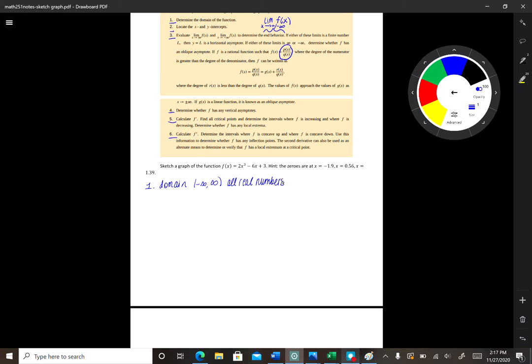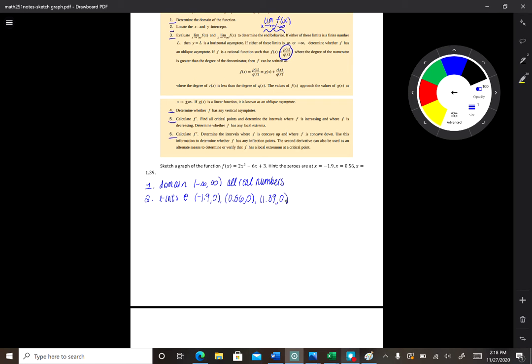Step number 2, locate the x and y intercepts. Well, I already gave you the x-intercepts, right? So we have that the x-intercepts are at negative 1.90, 0.560, and 1.390. What about the y-intercept?